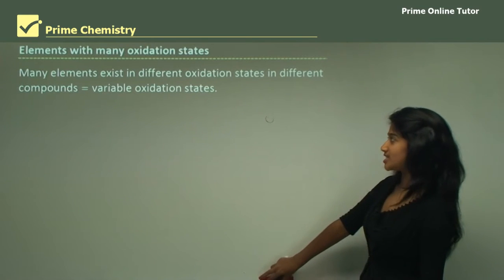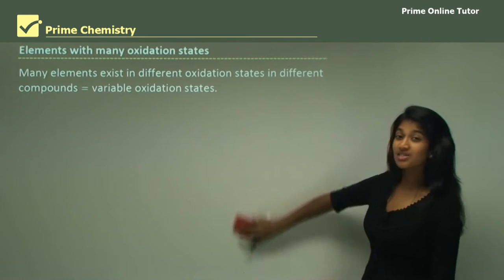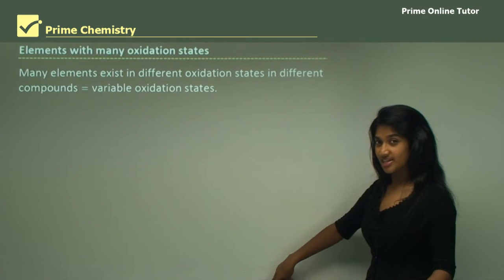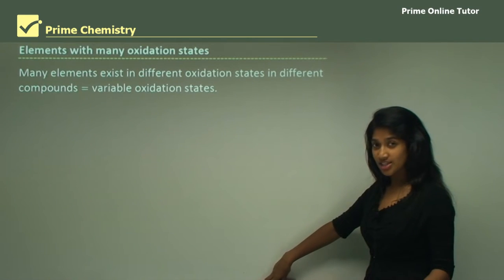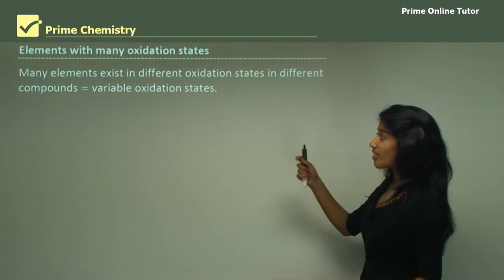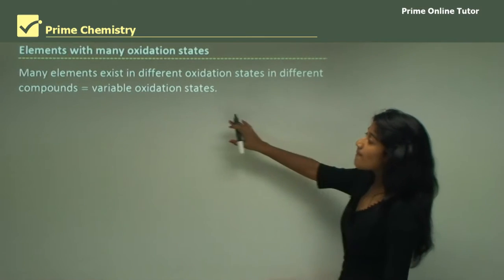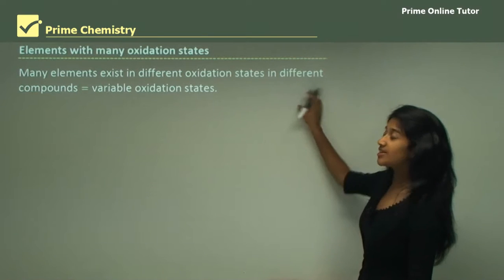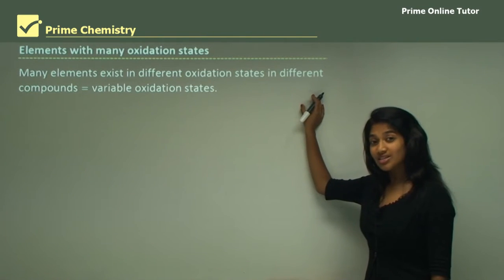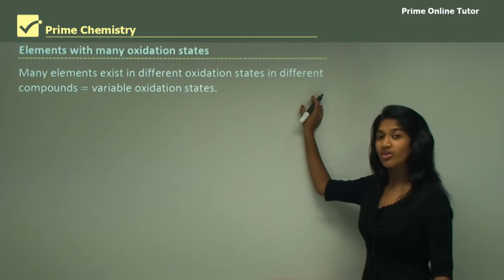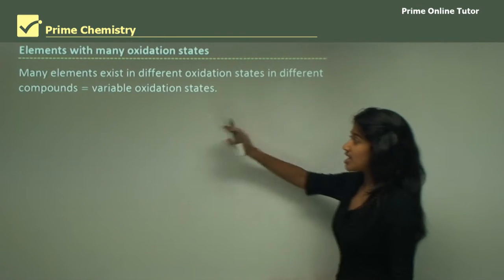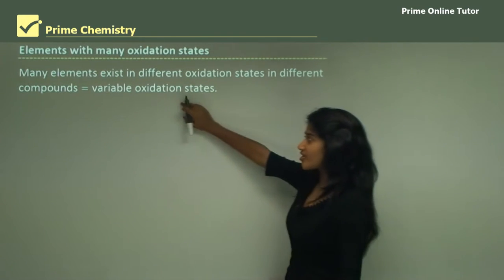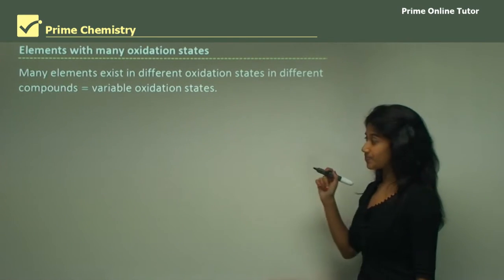Elements with many oxidation states. Some elements have many oxidation states. For example, oxygen has 2, while other elements may have many. Many elements exist in different oxidation states in different compounds, so their oxidation state depends on the compound they belong to, and this would equal the variable oxidation state.